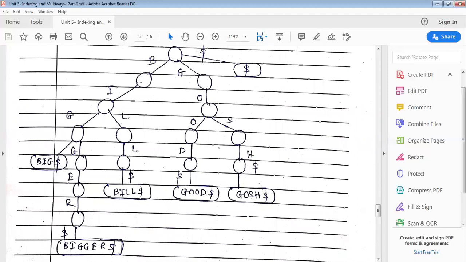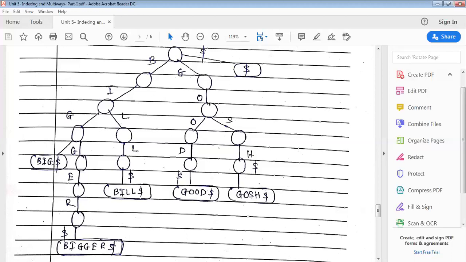Start with B first of all. Then B is connected with I, so BI. Again I has two children, G and L. G is the left one and L is the right one, depending on the alphabet: what comes before goes on the left-hand side, and what comes after goes on the right-hand side. Then G has another branch with the help of dollar, which is the end.